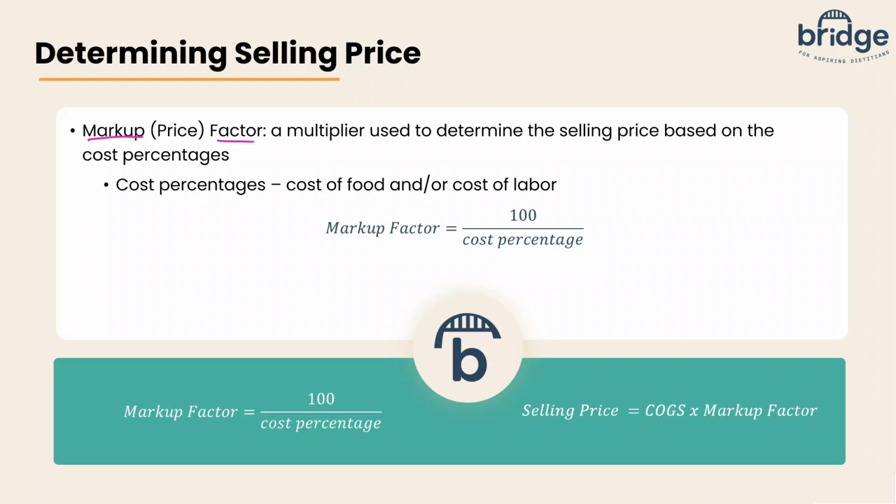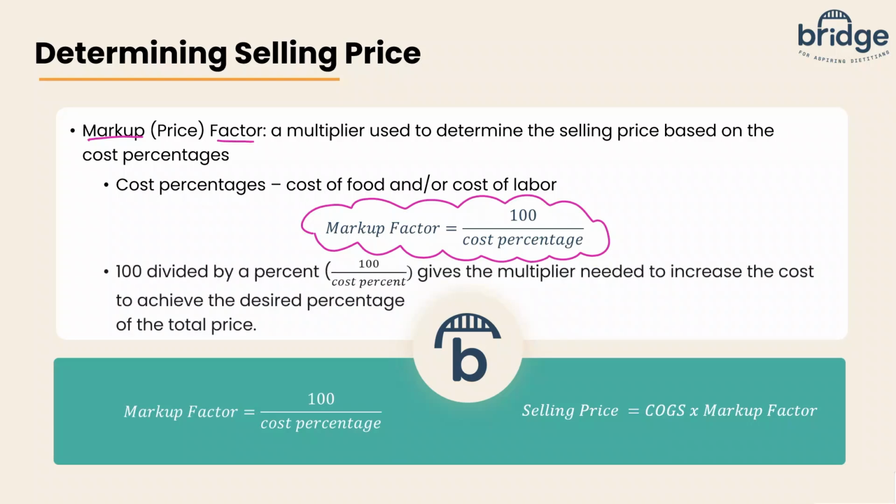The equation for markup factor is right here. You take 100% and you divide it by your cost percentage, the cost of food or the cost of labor. Because 100% represents the full selling price, the cost percentage tells us how much of that final price will be used to cover our costs.